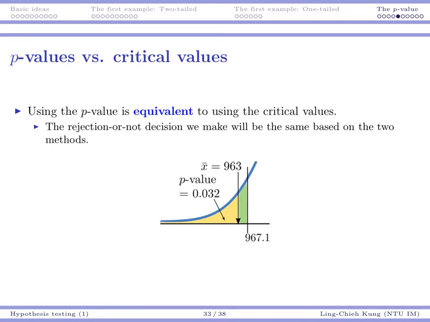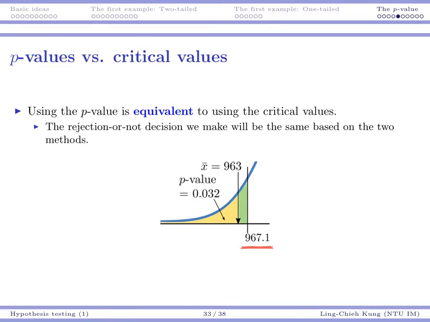So graphically, what does that mean? Recall that when we were using the critical value method, we first tried to find D so that when the deviation is larger than D, we reject H0. And that gives us the critical value here. The critical value is 967. We get 963, which is here, so we reject H0.